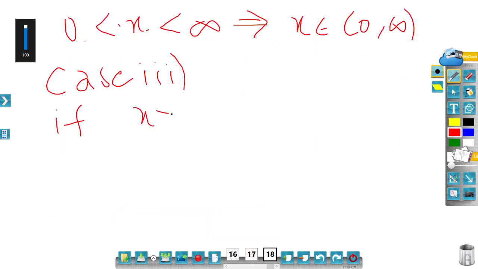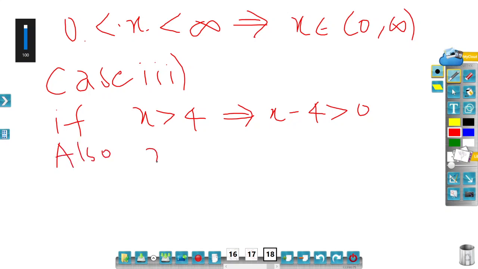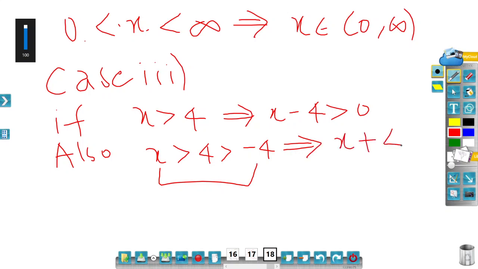If x is greater than 4, this would imply x minus 4 is greater than 0. Also, x greater than 4 and 4 is greater than minus 4, that means x is greater than minus 4. So x plus 4 is definitely greater than 0.